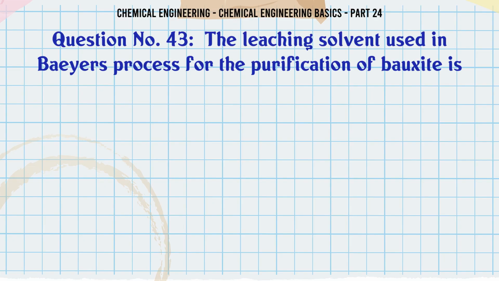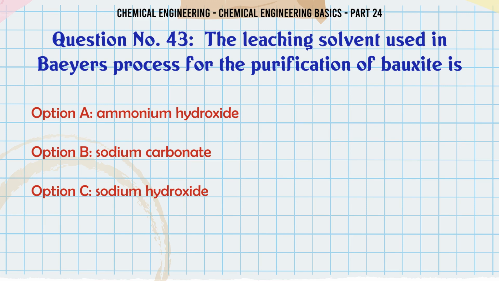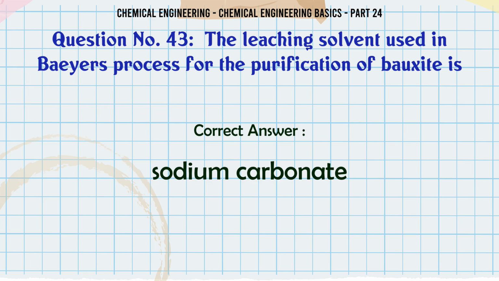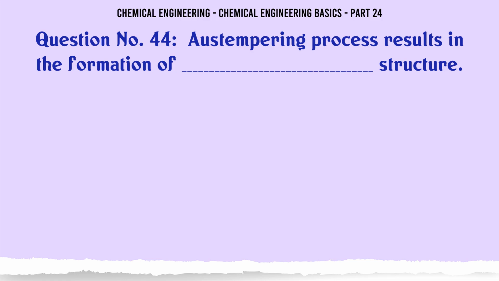The leaching solvent used in Bayer's process for the purification of bauxite is A. Ammonium hydroxide. B. Sodium carbonate. C. Sodium hydroxide. D. Ammonium carbonate. The correct answer is sodium carbonate. Austempering process results in the formation of structure A. martensitic.